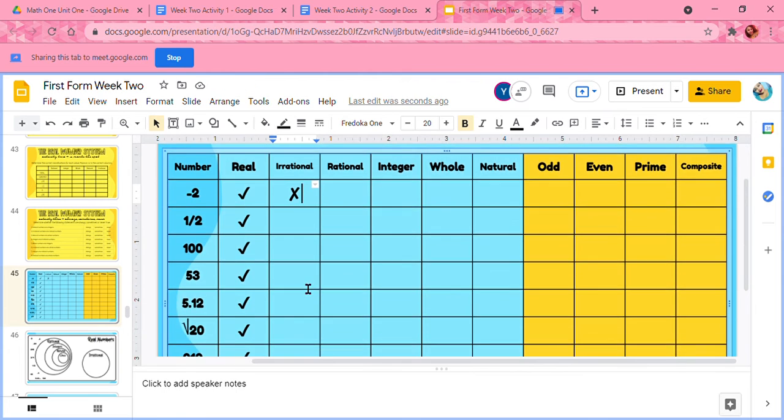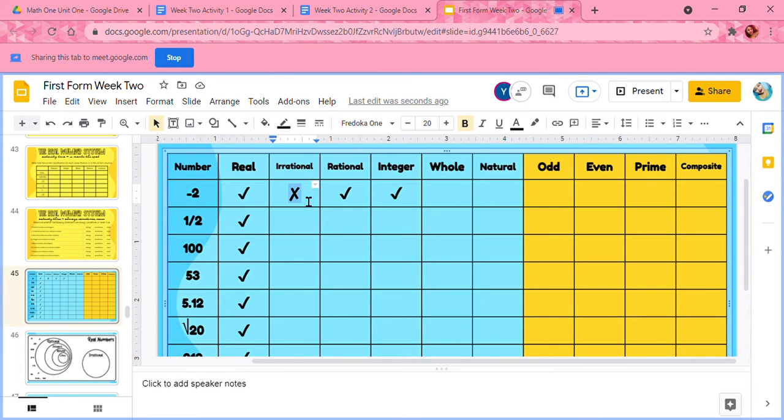Now, irrational number. Let's look at number 2, -2. What kind of number is it? Rational. Very good, I'm going to put a check mark there. What else? An integer. Very good. Anything else? Is it a whole number?